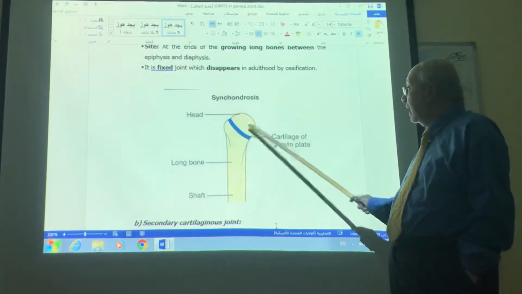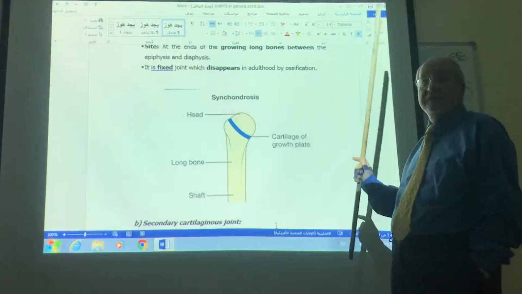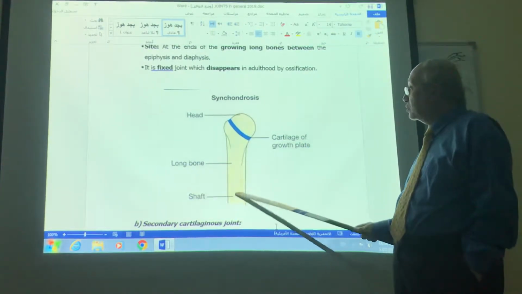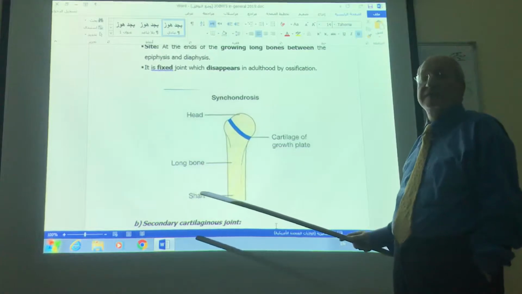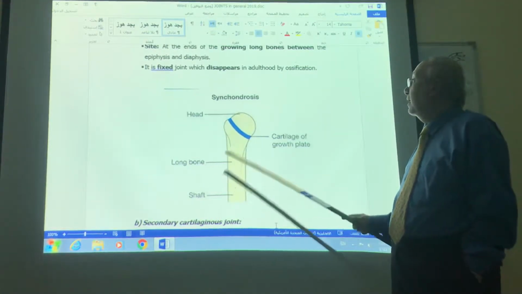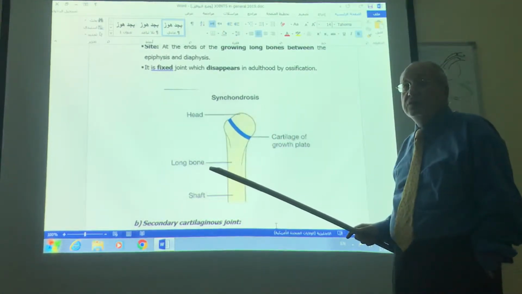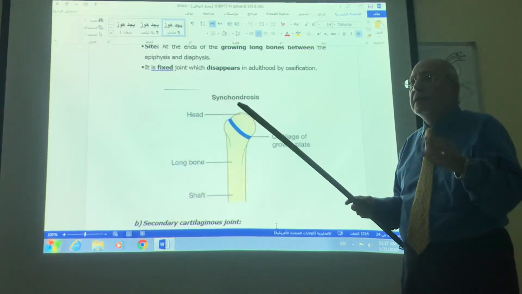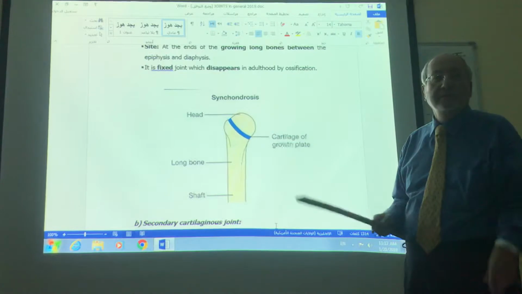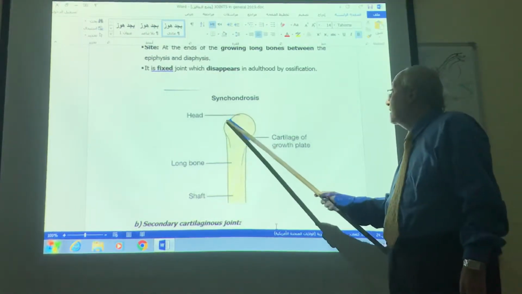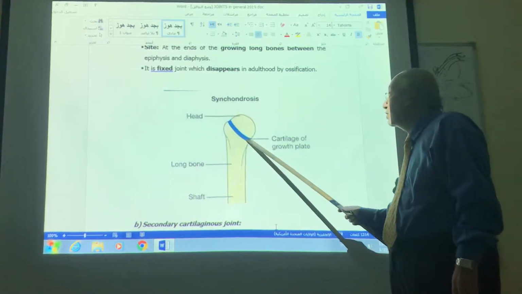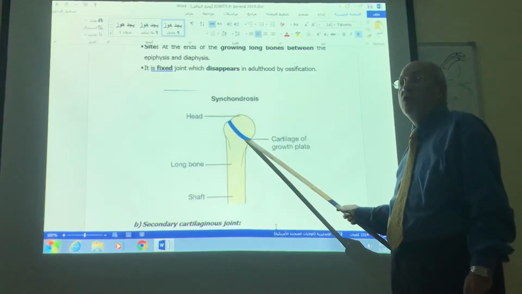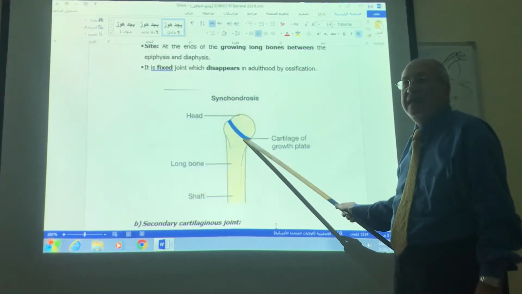The upper end and the lower end are called epiphysis. The shaft is called diaphysis. Bravo. In young age, the growth of the bone comes from where? The bone grows from this cartilage, which is called epiphyseal cartilage.